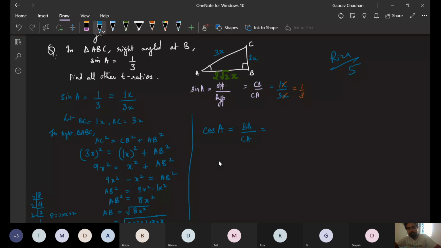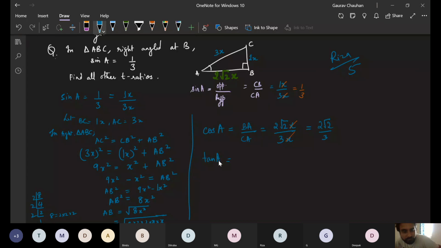That is how much? 2 root 2x by 3x. Will something cancel out? X and x cancel out. Correct, G. That is how much? 2 root 2 by 3. Perfect.